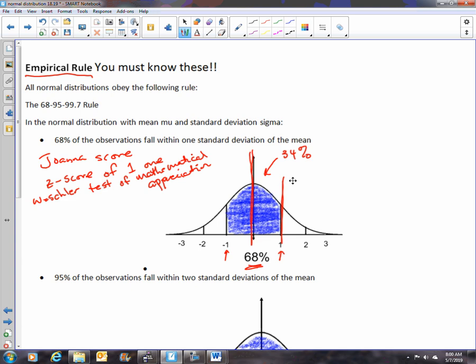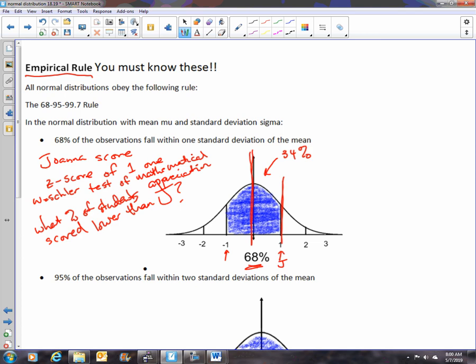Okay, now, what percent of students scored lower than Joanna? Now, notice Joanna's score was right here at 1 standard deviation of the mean.